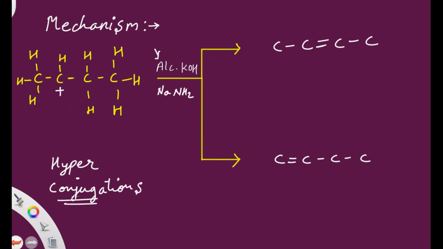What is hyperconjugation? Hyperconjugation is the transfer of C-H sigma electrons into conjugation. It will not take place in this reactant, right? It will take place on the product side.